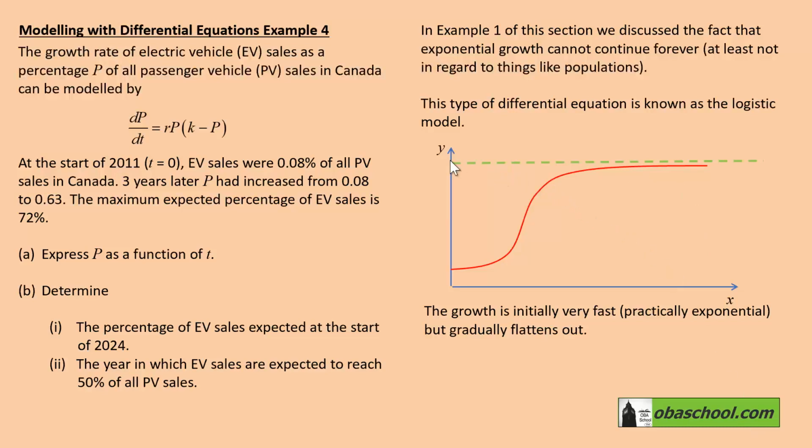One of the key things to note about this is the fact that it goes towards an asymptote. So along this asymptote, the gradient is virtually zero. In other words, dP/dt is going to be taken to be zero, and that helps us find some of the constants. So let's go ahead and look at the problem.